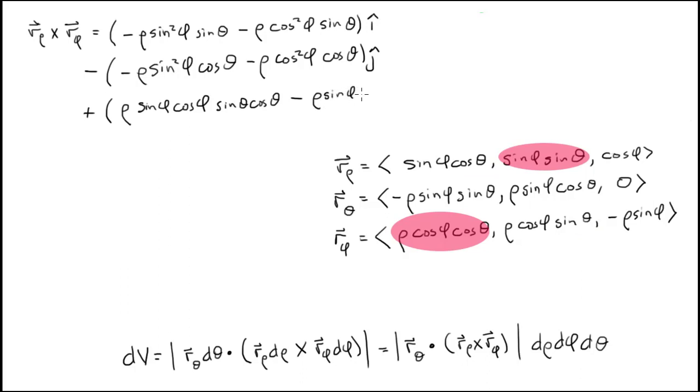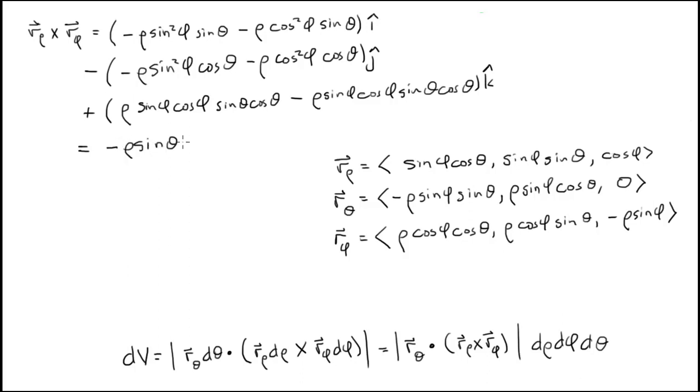And as expected in the k component, the terms are the same and they cancel out, so it's parallel to the r theta vector. Factoring out the rho sine theta, a sine squared plus cosine squared turns into a 1. Factoring out the rho cosine theta, sine squared plus cosine squared is a 1. And we get our cross product vector.